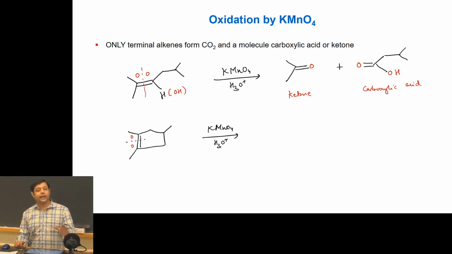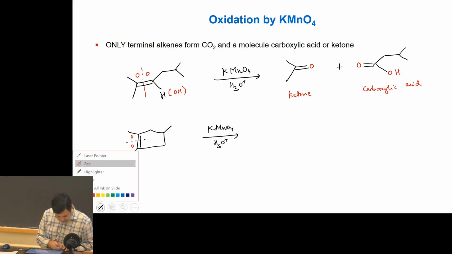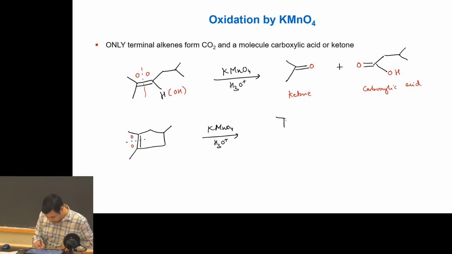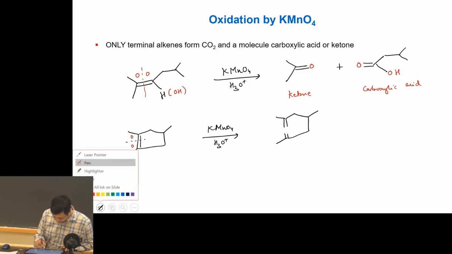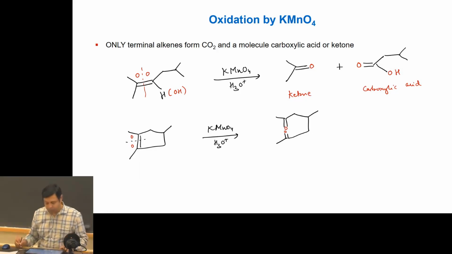There are no hydrogens attached to the double bonded carbon. All right? The rest of the molecule is going to remain as it is. So you're going to form this compound that has two ketone groups within that molecule. All right.